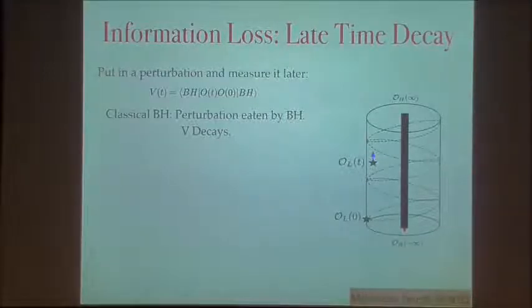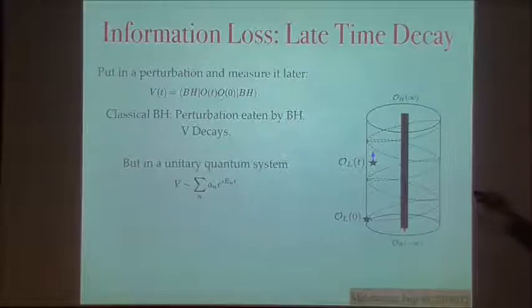But from the perspective of a boundary quantum system, this is not the correct expectation, because we can insert a complete set of energy eigenstates here, and we can expand in that eigenbasis. Then we can represent this V(t) function as a sum over all these oscillators.